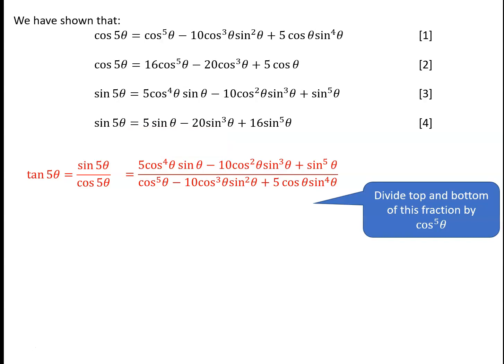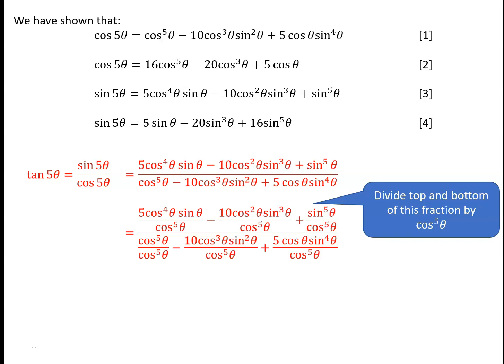If we now divide top and bottom of this fraction by cos to the 5 theta, then we're going to obtain that rather monstrous looking expression.